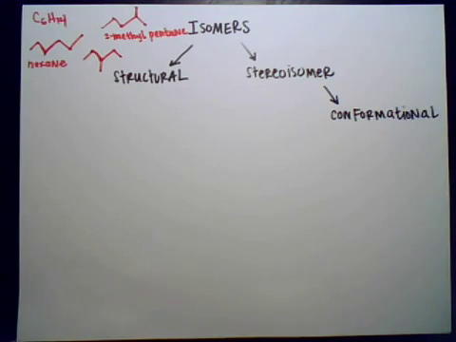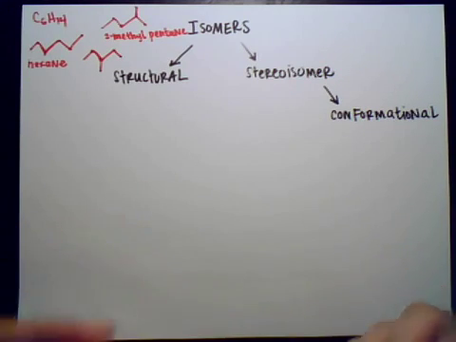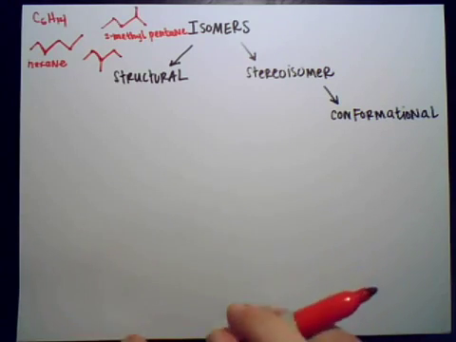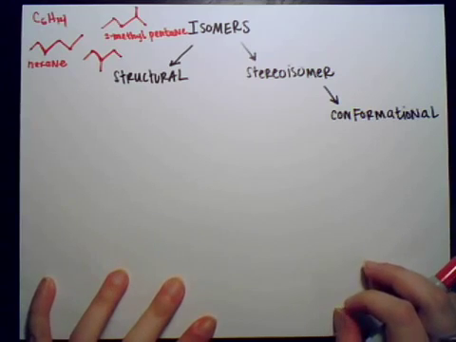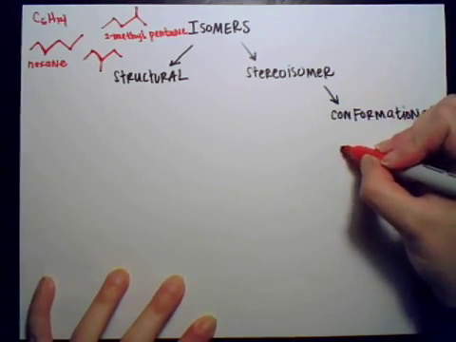Conformational isomers are those which, again, are connected the same way but differ spatially. If you watched video number 5 on Newman projections, what I explained there was conformational isomers. I'm going to draw a Newman projection down here to show you. The example I used in that video was butane, so I'll draw that one again here.